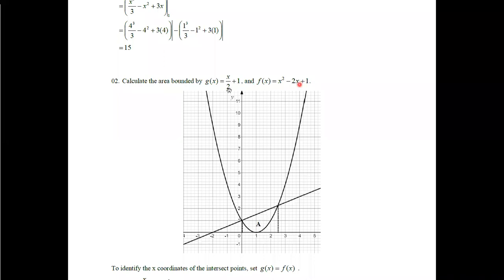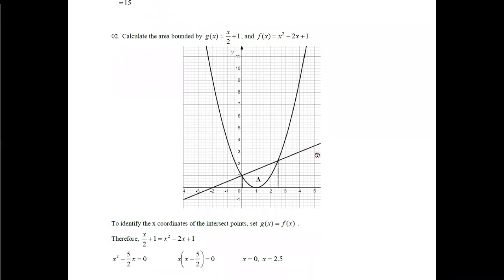In a situation like this, first of all you have to identify which function has the higher value within the defined region, and so far the region is not given, therefore we need to identify the region also. Therefore, as the first thing, we need to sketch these two functions.